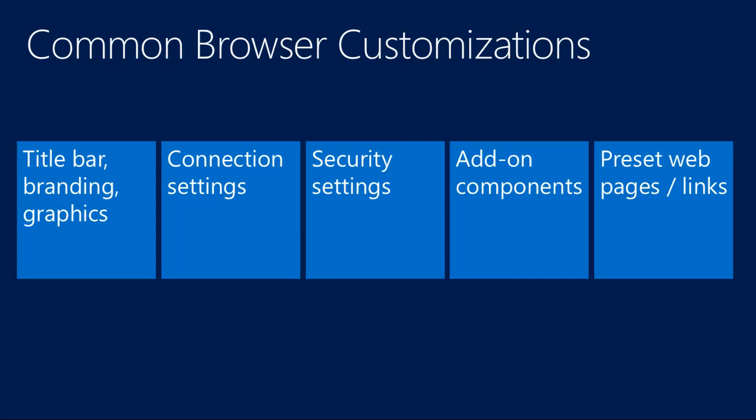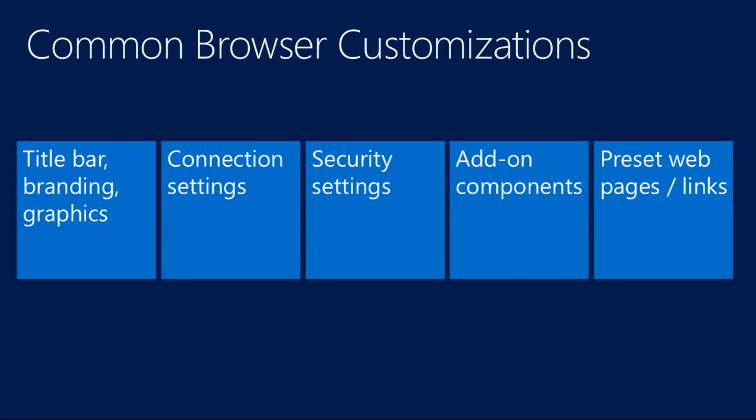I just wanted to list here some typical browser customizations. You can read this for yourself, but customizing the connection settings may be particularly useful in an area where you may want to customize the web browser for machines that aren't even domain joined. You can create a configuration file, and you can customize the settings on a browser for a machine that somebody brings in from home.